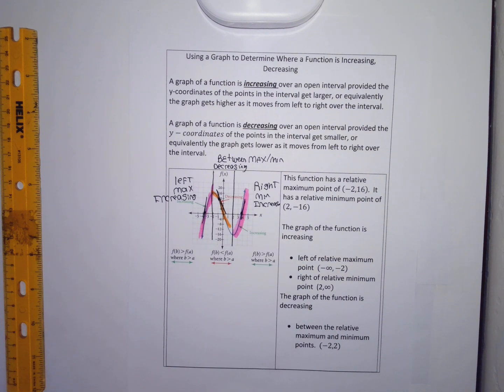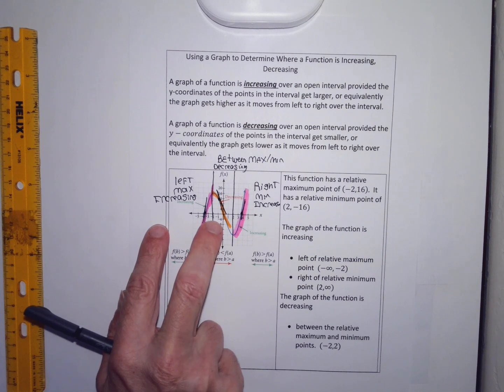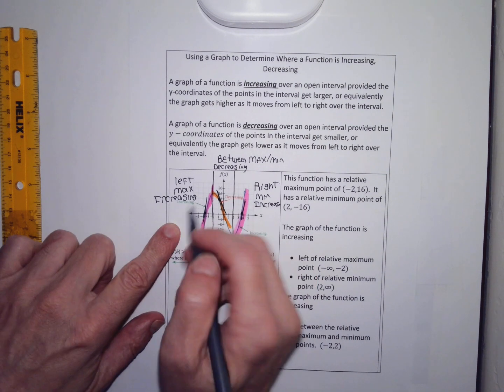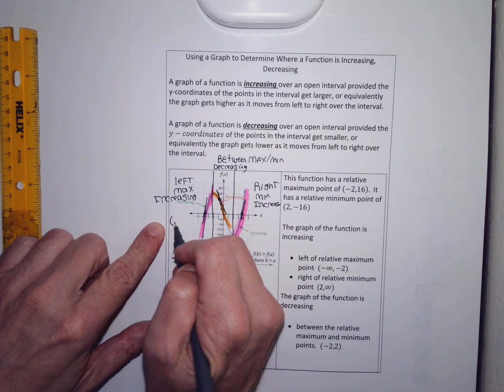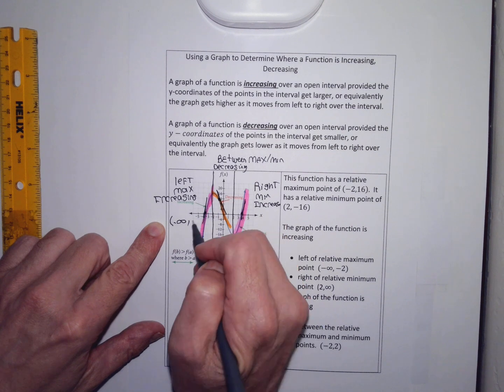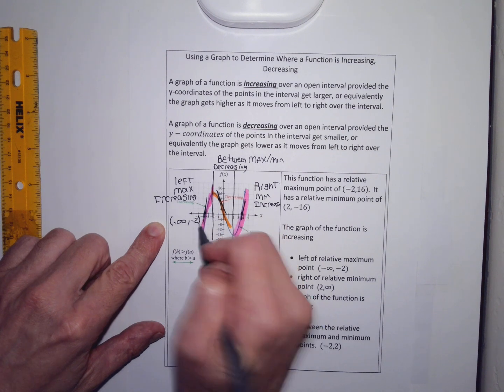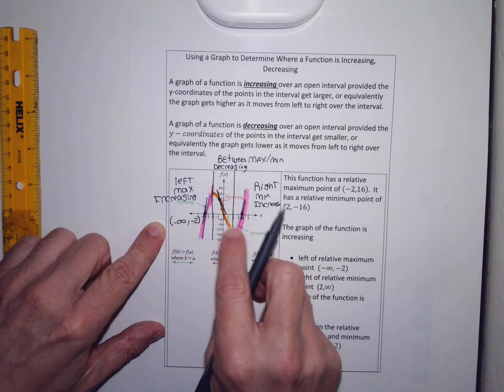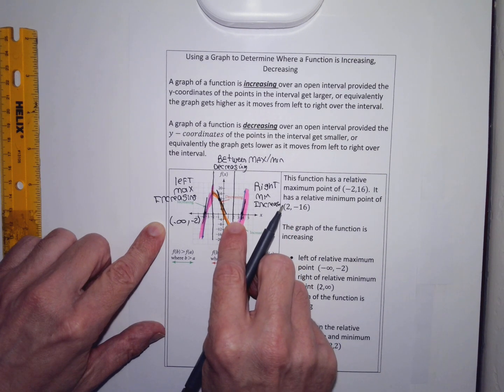That's a big deal. So for this particular graph, I'm going to find these intervals again. The first interval to the left of the maximum point goes from x equal -infinity to the x-coordinate of the maximum point, which is x equal to -2. The region of the graph to the right of the minimum point, this minimum point has an x-coordinate of 2.